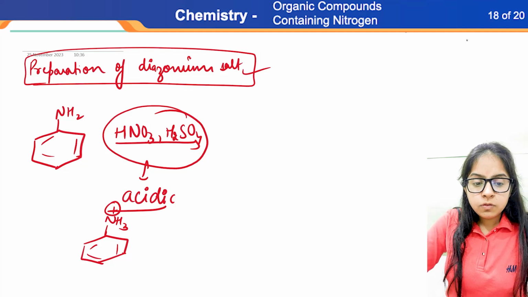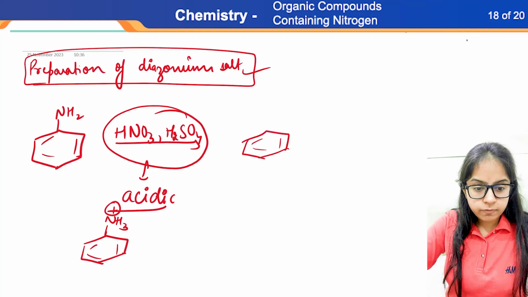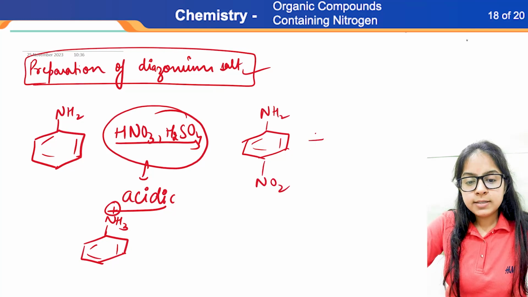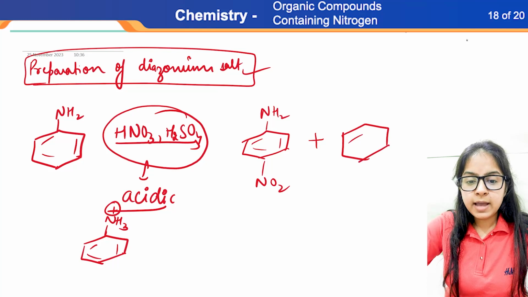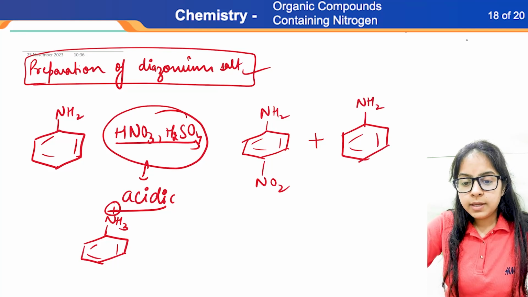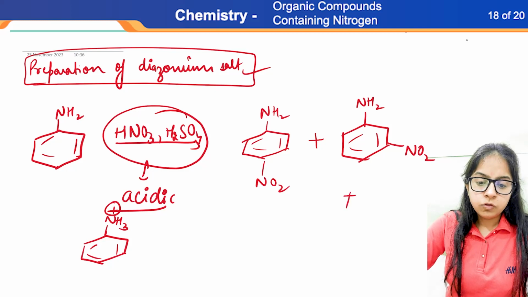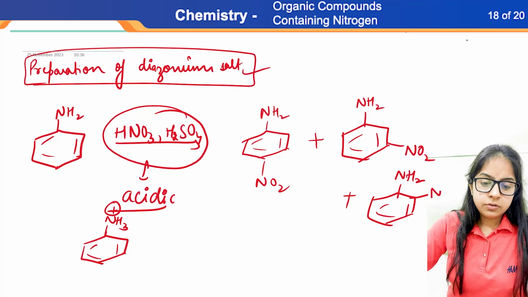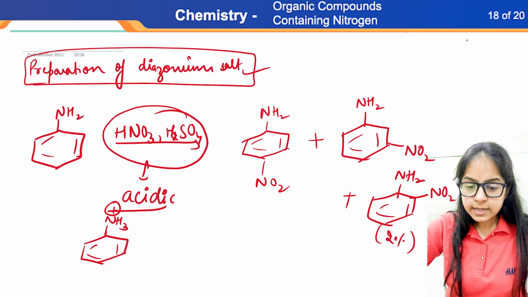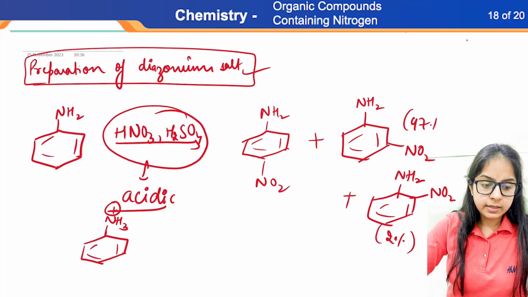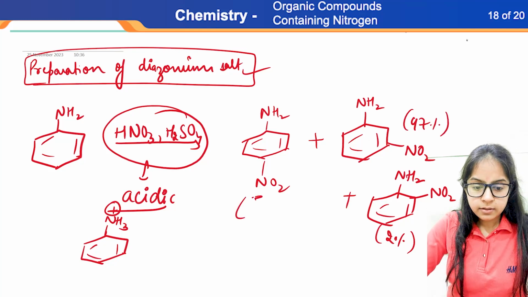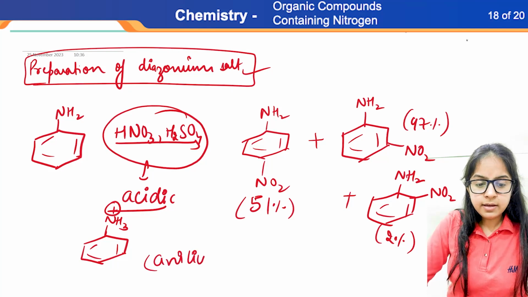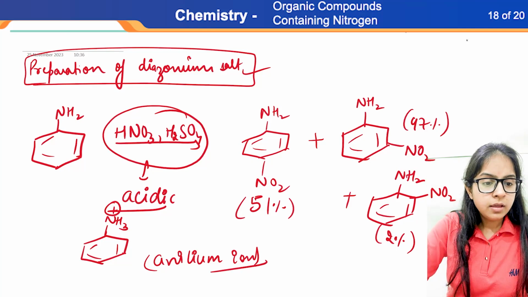That's why although you are getting the para product almost 51%, that is due to the NH2, the meta product is high because of the formation of anilinium ion, and anilinium ion is going to make a meta product more easily than the ortho one. That's why you are getting the ratio of the products like this, and you need to remember this. 2%, here it is 47%, here it is 51%, and this one is our anilinium ion because of the acidic condition that is formed in between.